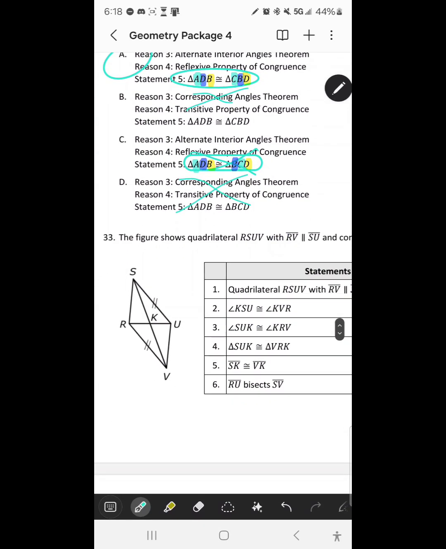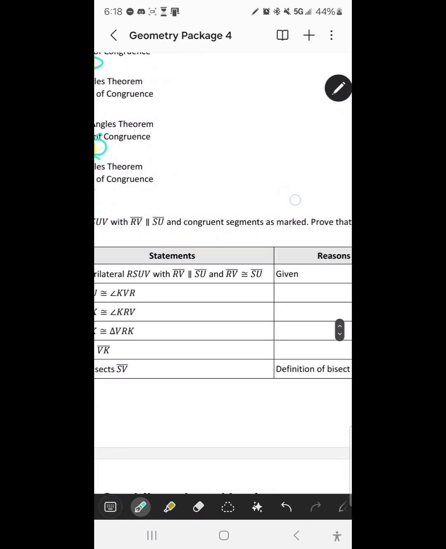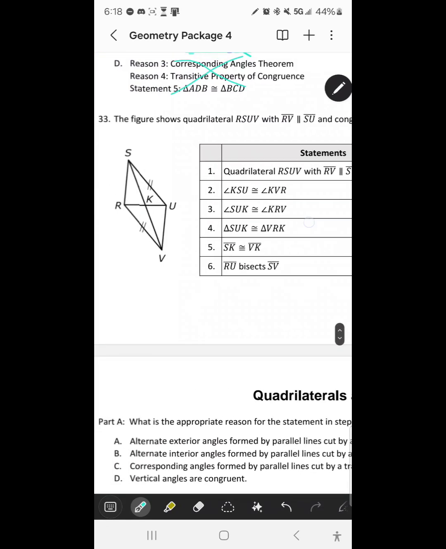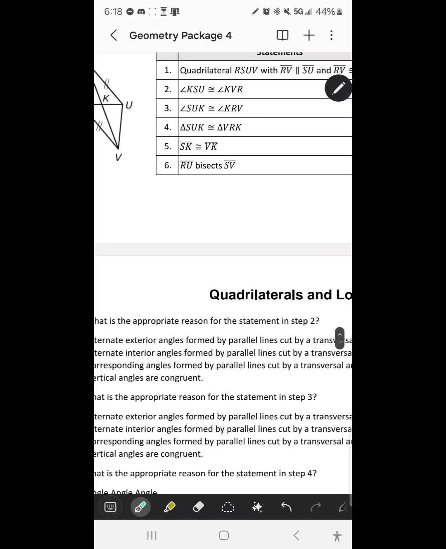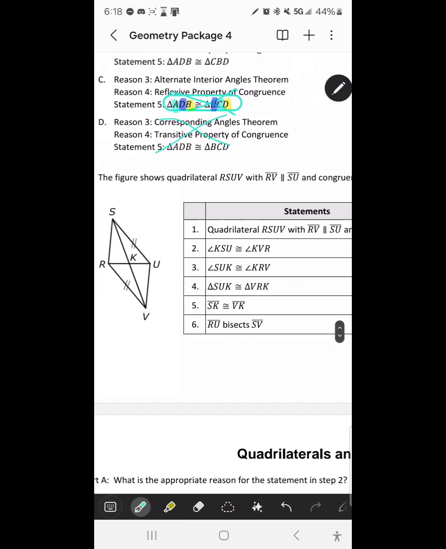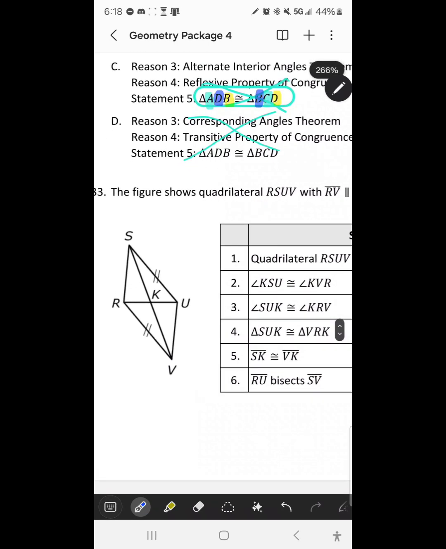Now, the figure below shows a quadrilateral with parallels and congruent segments as marked. Prove that RU bisects SB. What is the appropriate statement for step 2? So we have that angle QSU, KSU, this angle is congruent to KPR.